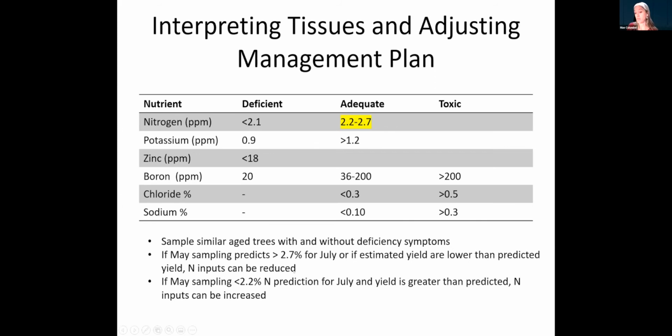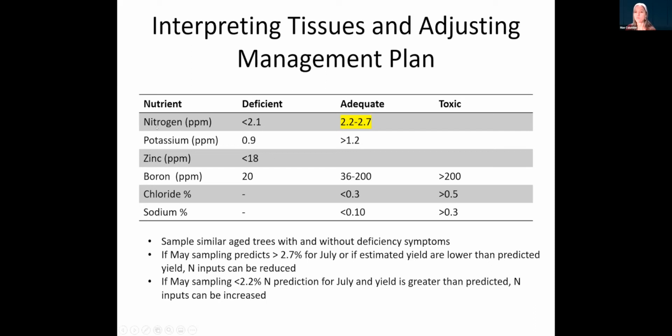If your sampling in May is, say, less than 2.2% nitrogen for July, and your yield is greater than predicted, you might need to increase your nitrogen inputs. But again, you can only make these adjustments if you're doing that forward prediction. If you're doing the sampling in July, it's just a good sort of grade sheet on what your management plan was like for the season.